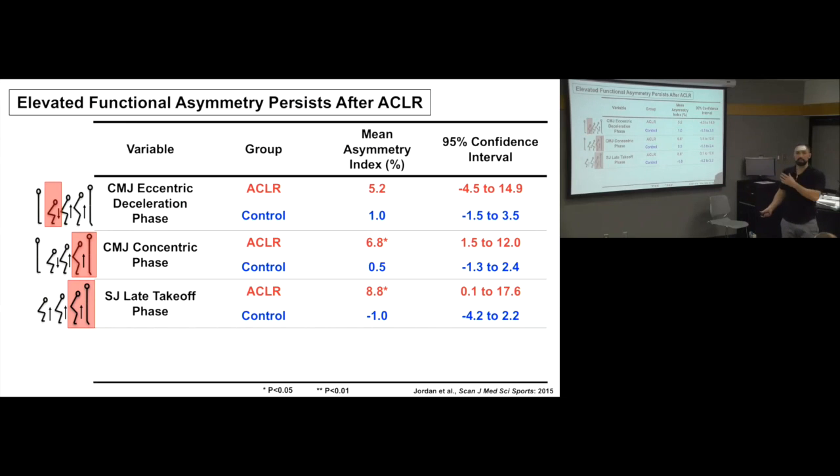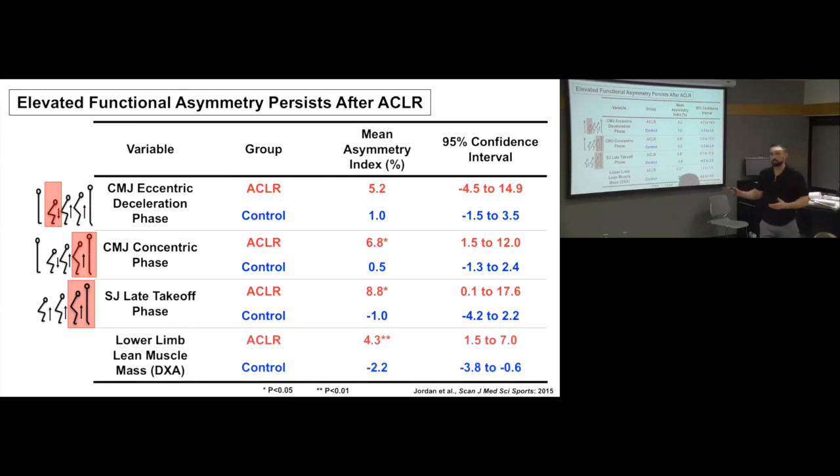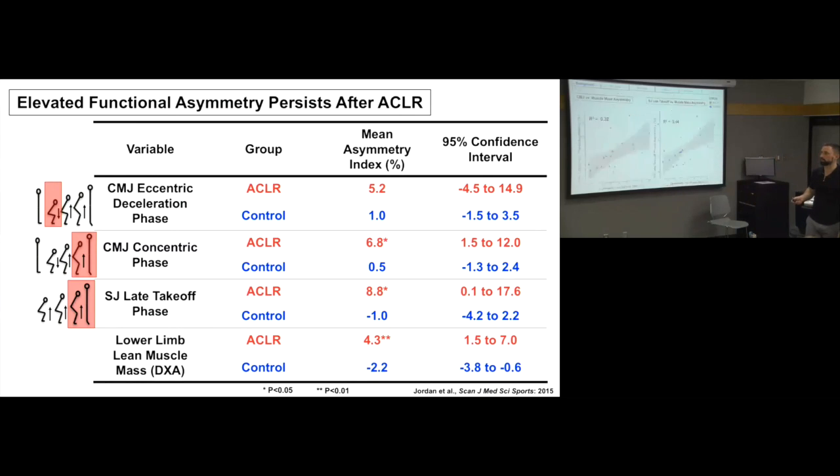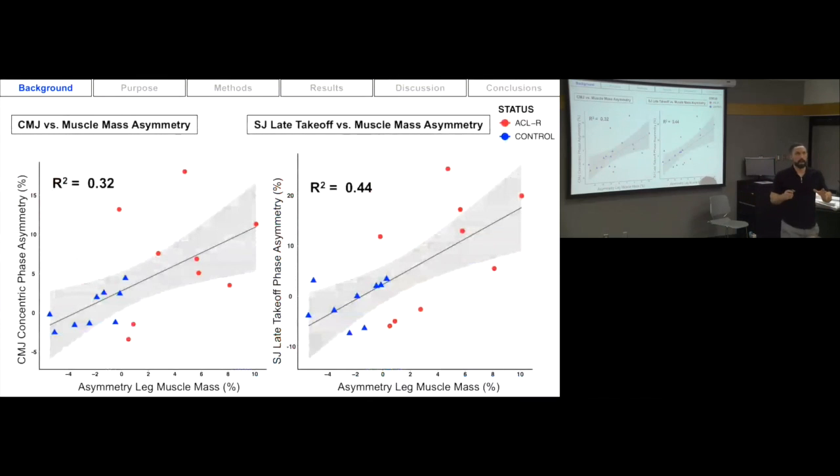In addition to looking at functional asymmetry, in this particular study, we looked at lower limb muscle mass with DEXA scanning. And we found a small but significant difference in asymmetry between the 2 groups in terms of lower limb muscle mass. Next, we wanted to look at the amount of variation explained in the functional asymmetries by the asymmetry in muscle mass.